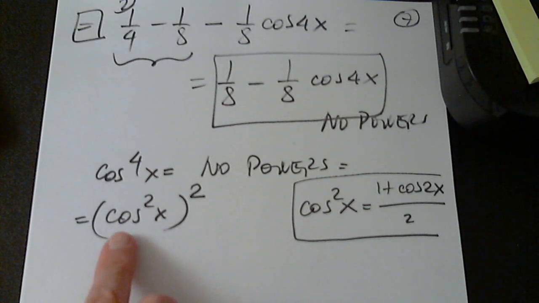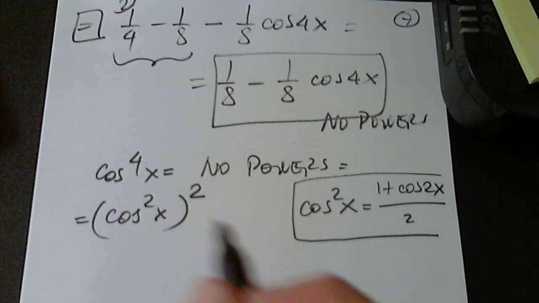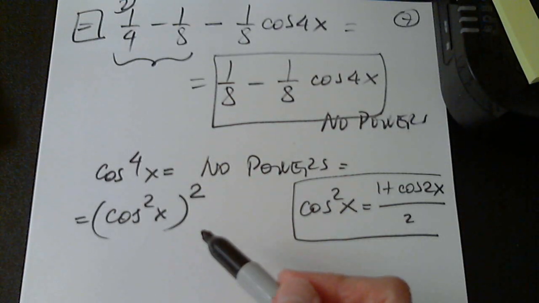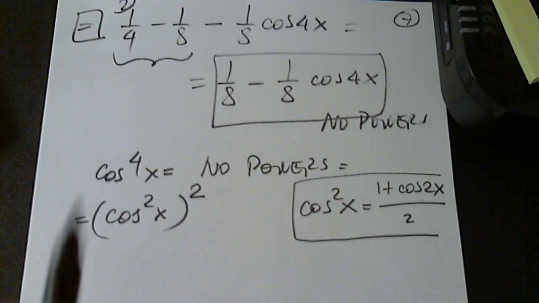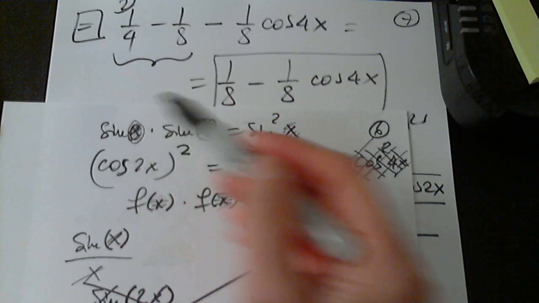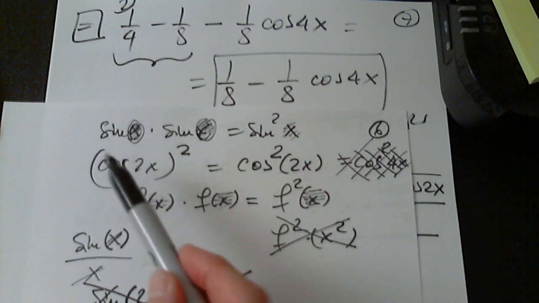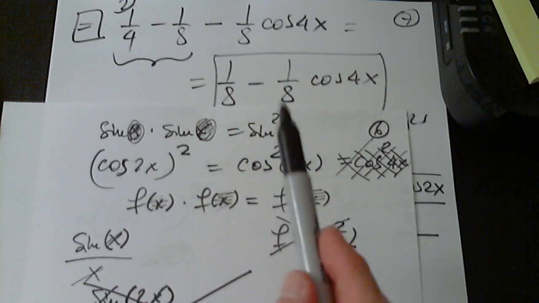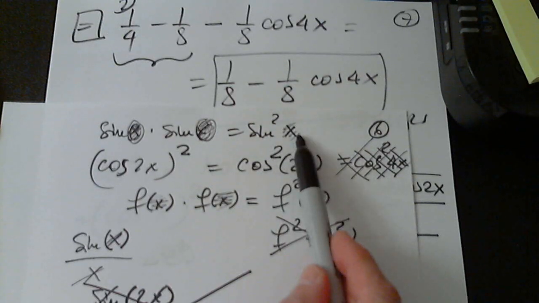Oh, I just thought because whenever you have a power, you're supposed to apply it to everything within the parentheses. So wouldn't it also square the x, the argument? Okay, so we can never touch the argument. When I multiply sine x by sine x, I do not get sine squared x squared.